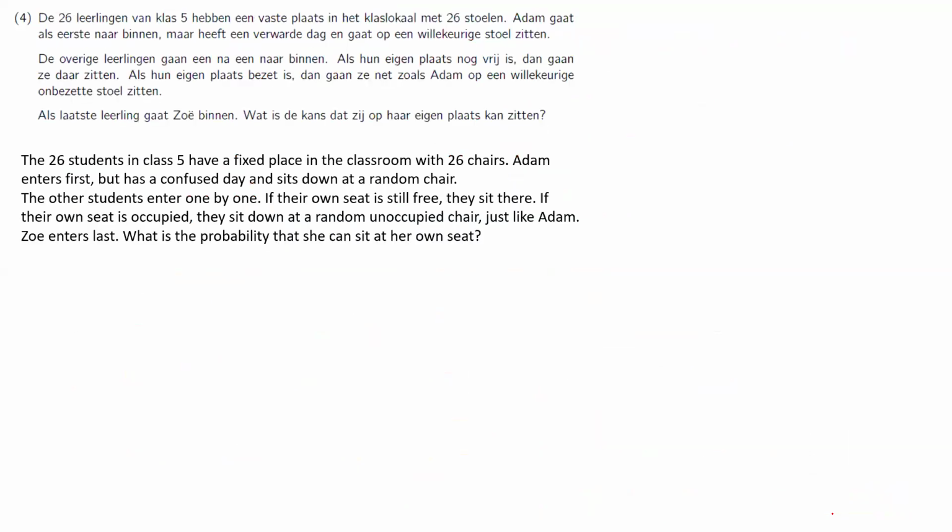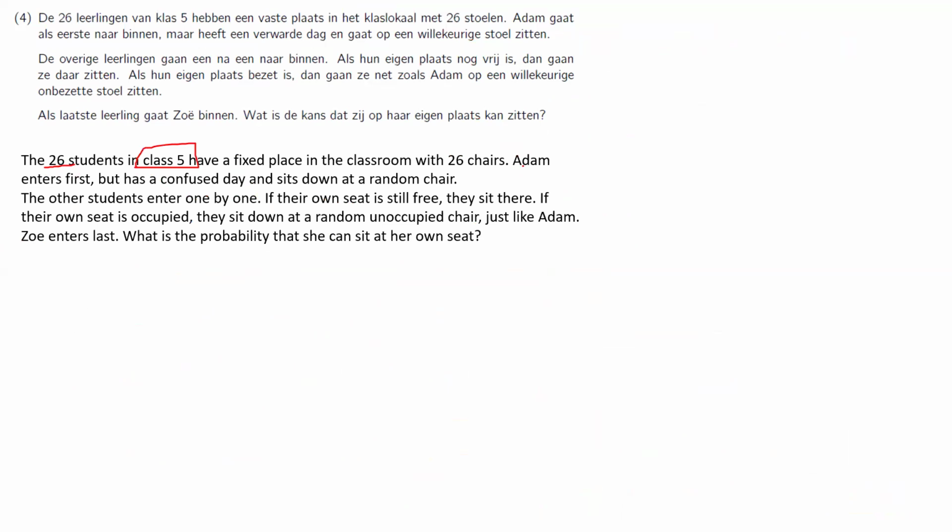The last problem is combinatorics. I think that's interesting. It states that in one class, class 5, there are 26 students, and everyone has a fixed place in the classroom.